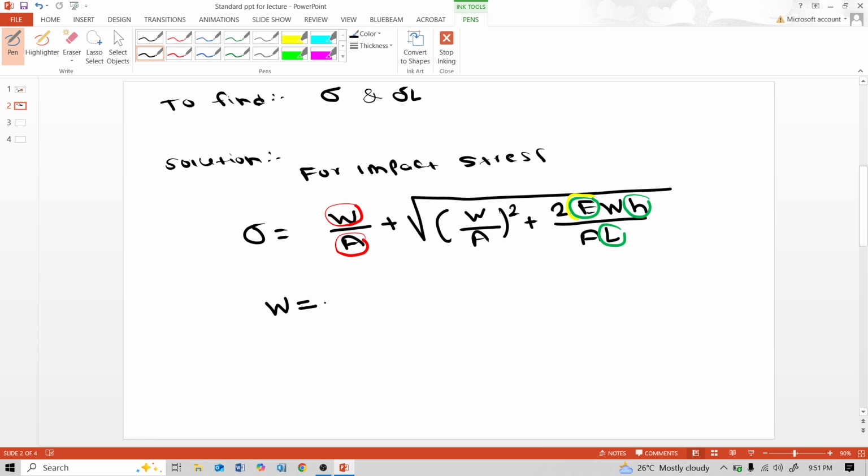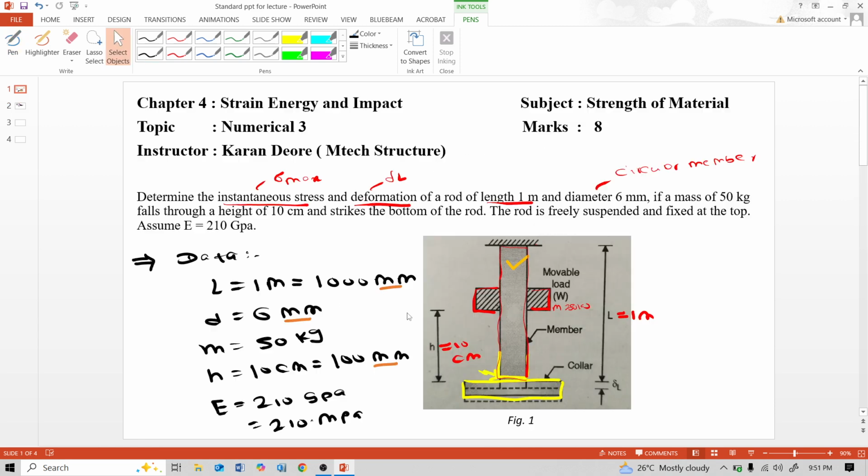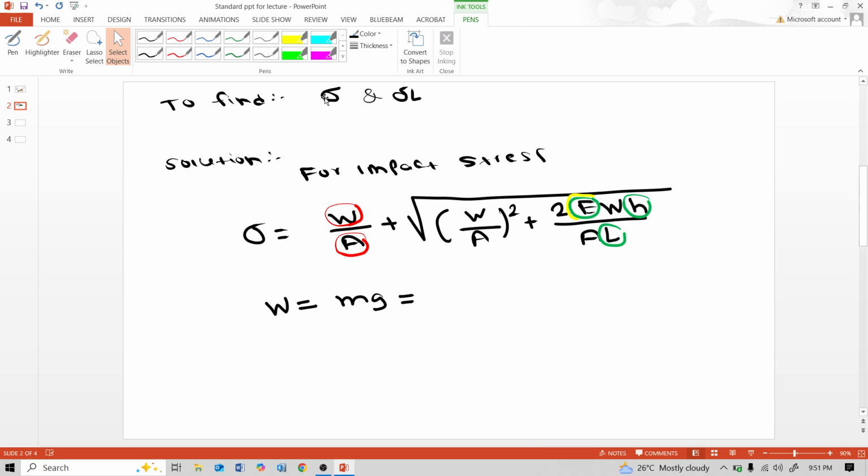And W is what? Load is nothing but the mass into acceleration due to gravity. And I know the mass they have given us in the numerical. Mass is 50 kg and acceleration due to gravity is, we all know, 9.81. So 50 multiplied by 9.81 is 490.5 Newton.